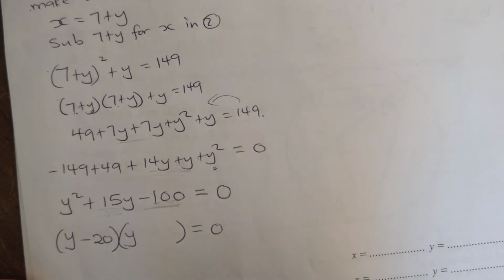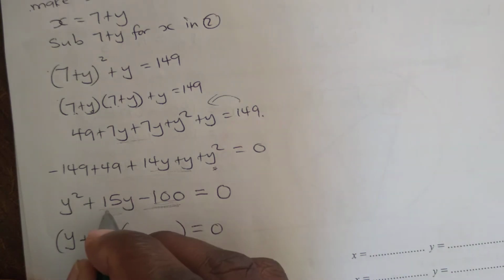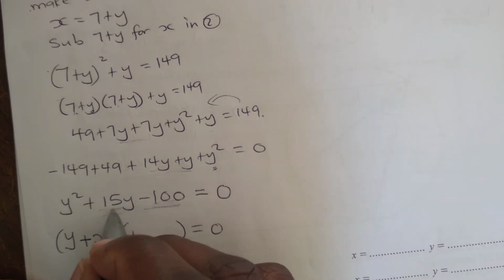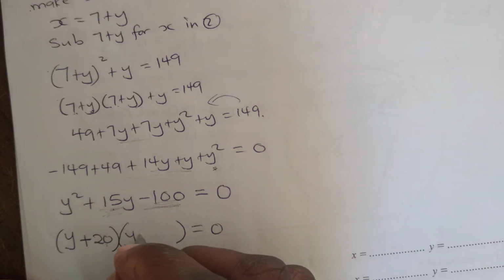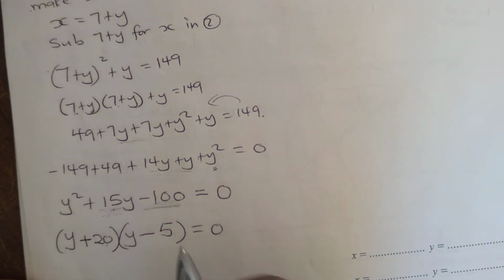Sorry, I'll repeat that. The 20 must be positive so that I get a positive sum. So 20 minus 5 is 15. So the 20 is positive and the 5 is negative. So if you say 20 minus 5, you get 15. 20 times negative 5, you get negative 100.